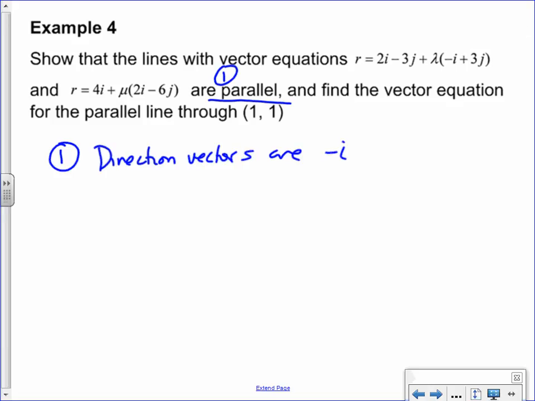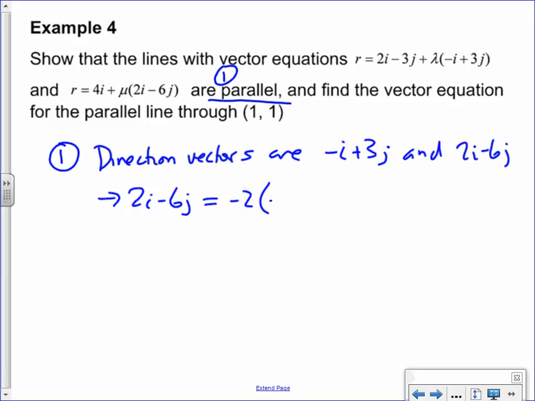The direction vectors are -i plus 3j and 2i minus 6j. How do you know they're parallel? Yeah, this one is just a scalar of this. So note that 2i minus 6j is just -2 times -1i plus 3j.